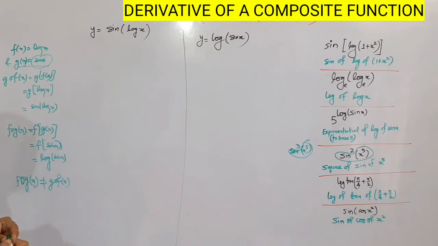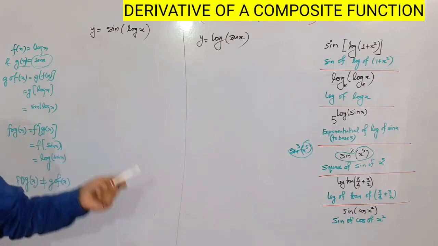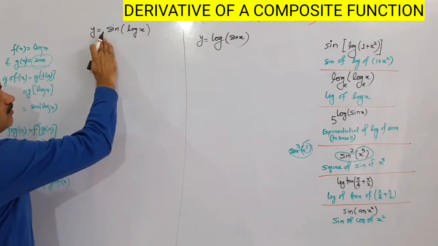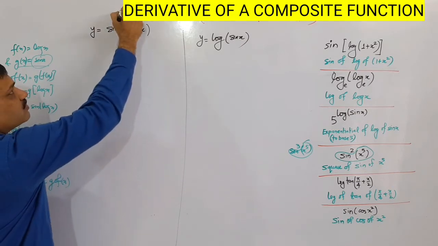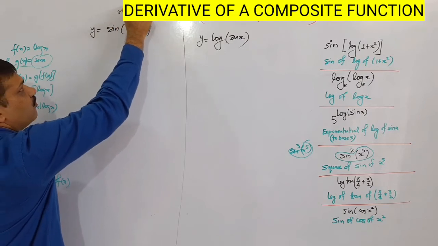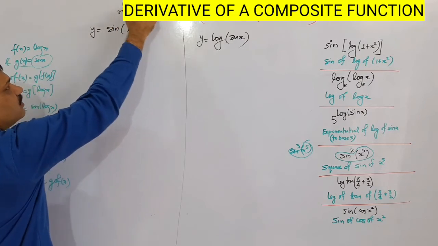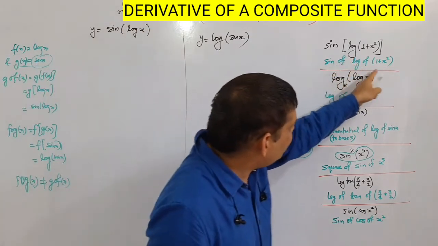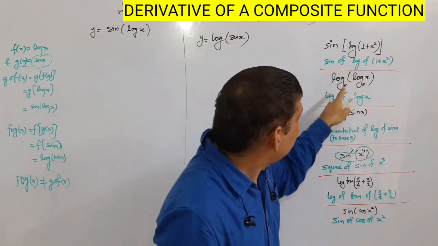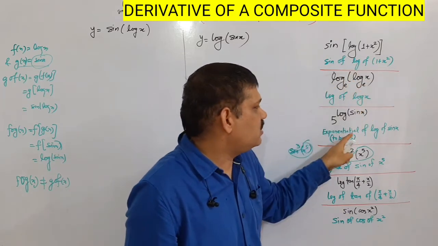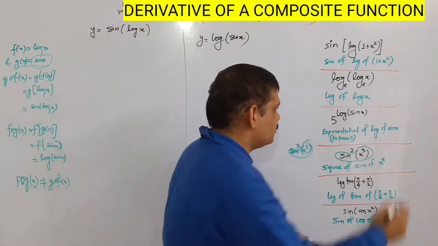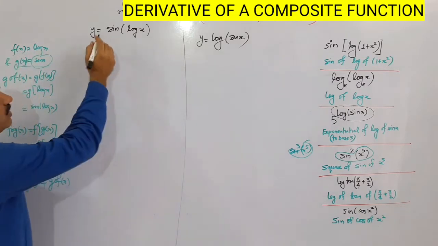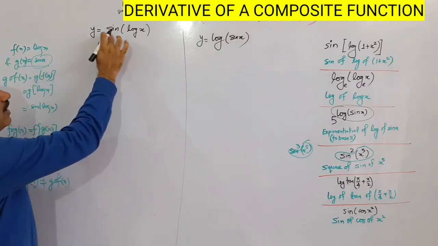Composition of function. If you know the composition of function, then we can apply the chain rule. See how it is. It can be read as sine of log x. Sine of a variable. After "of", whatever is said, sine of this whole is a variable. Log of this one will be considered as u. Now let y be sine of log x.